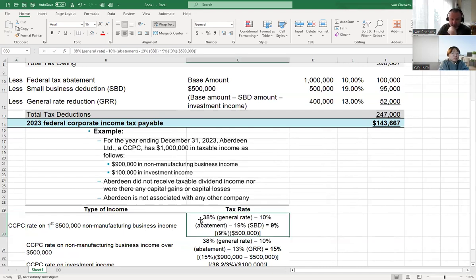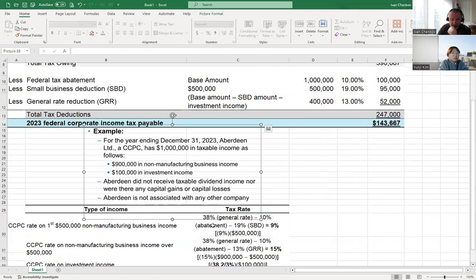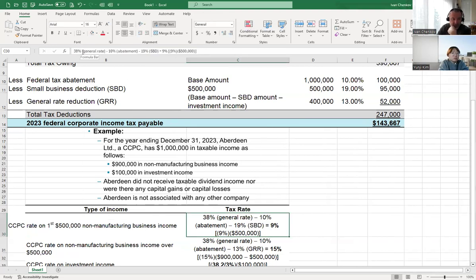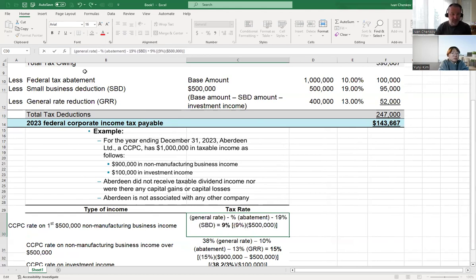But on the second one, we can manipulate it a little bit. That will be the general rate minus the abandonment minus the small business deduction.